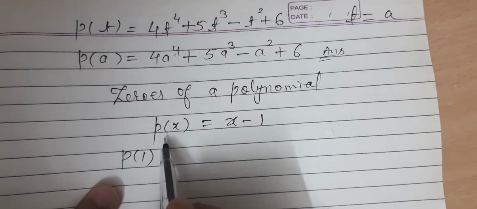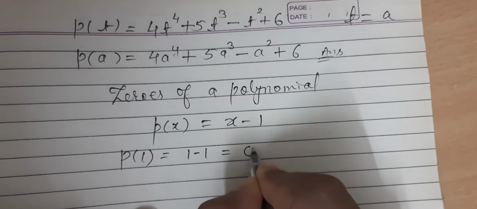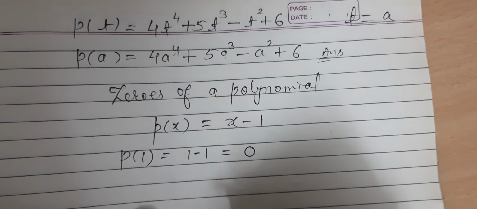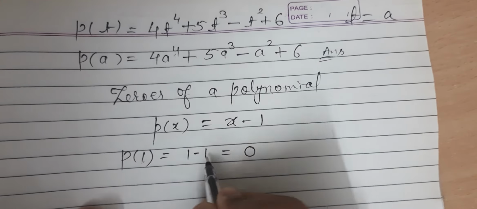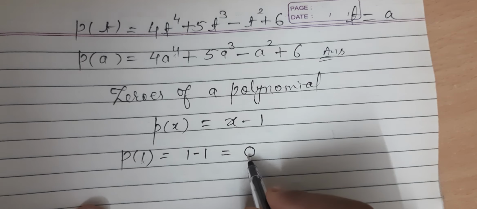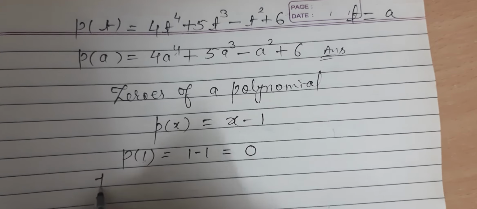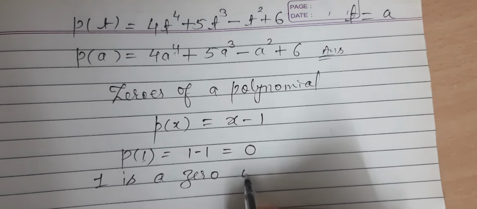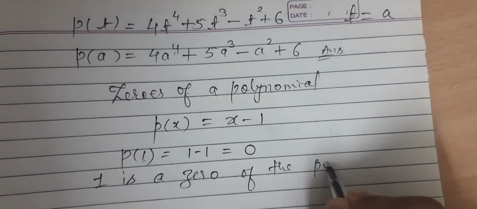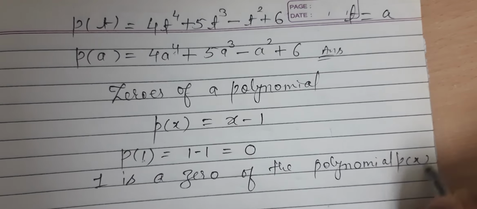So when you put x equals 1, you will get 1 minus 1, which is equal to 0. So when we put x equals 1, the polynomial becomes 0. Okay, so we say that 1 is a zero of the polynomial p of x.